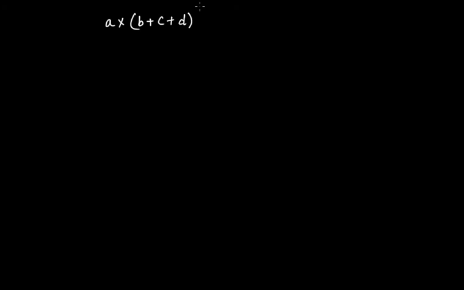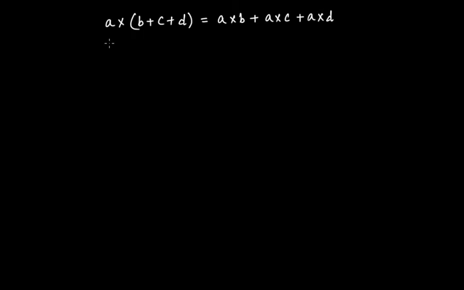Okay, so this a you can think of as a monomial because it has one term, and this is a trinomial, b plus c plus d. Since we have three terms, it is a trinomial. Now, this can be written using the distributive property of multiplication over addition: a multiplied by b plus a multiplied by c plus a multiplied by d.